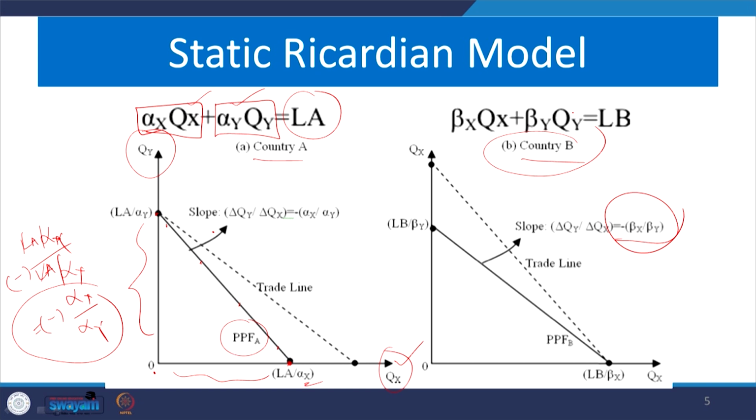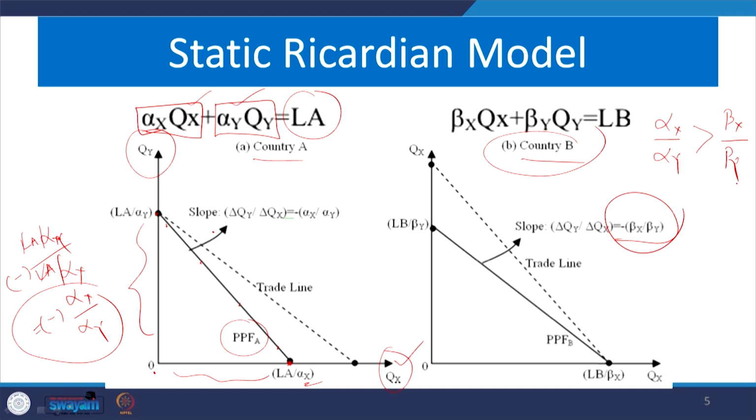Now, after plotting their respective production possibility frontiers, we can infer something out of it. The slope here in the first one is higher, meaning the absolute value of the slope is greater than that of beta x divided by beta y, is it not?